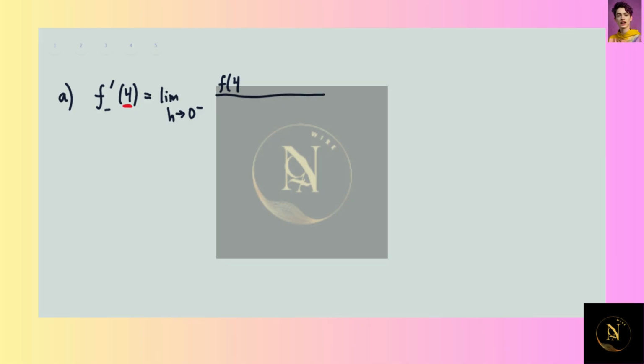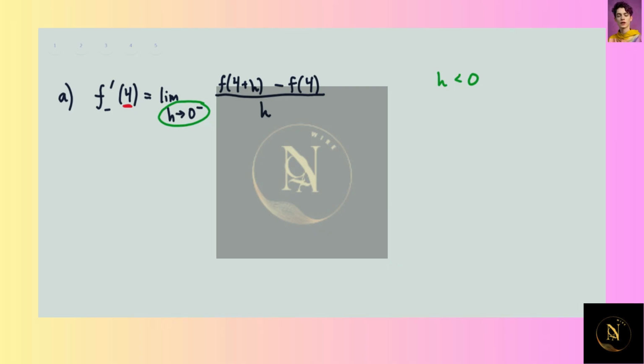We write f of 4 plus h minus f of, once again, instead of a, we will write 4, all over h. Now, here's where it's very important to notice as h approaches 0 from the left. This means that h is going to be less than 0.